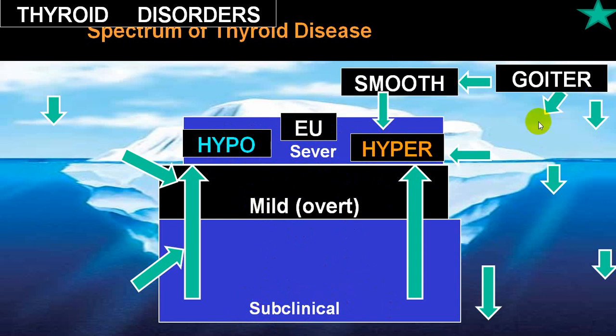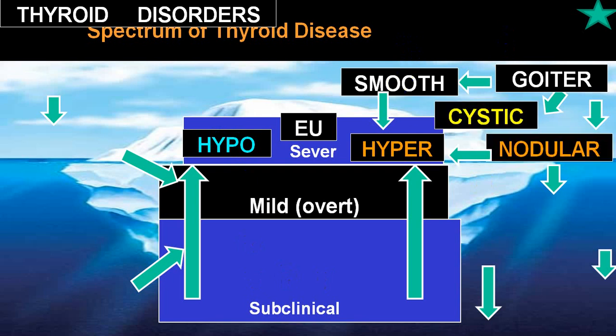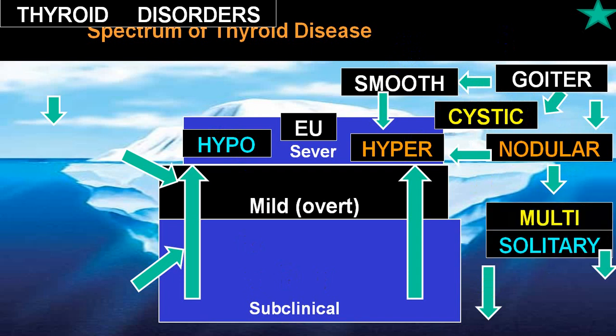You can present as a goiter, enlargement of the thyroid gland, which can be hyperfunctioning or hypofunctioning. It can be a smooth goiter, cystic goiter, nodular, solitary nodule, or multinodular. This goiter can be euthyroid, hypothyroid, or hyper, any one of those.